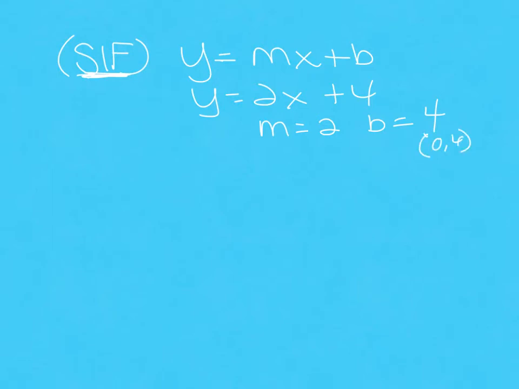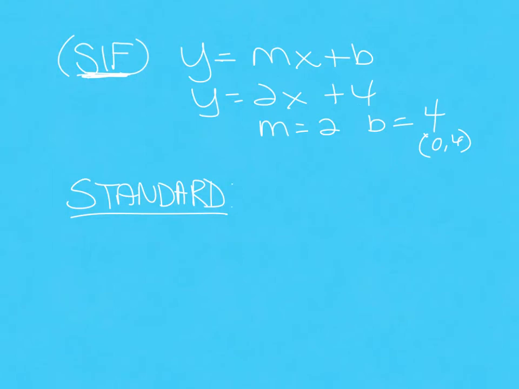Okay? All right, well, what we're going to do today is, a lot of times you'll see an equation that's written in standard form. A lot of times you might see on a multiple choice test that the choices are all in standard form.